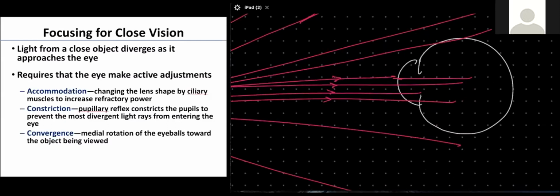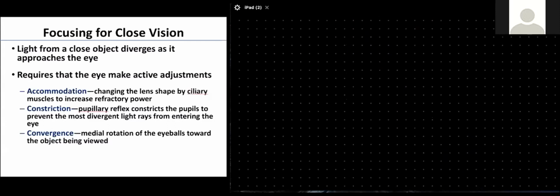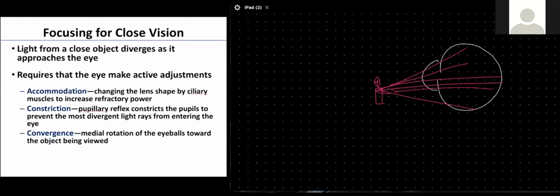See here, the ones that will actually reach my eye are parallel light rays, compared to if I'm looking at a close object. More divergent light rays are going to be reaching my eye.